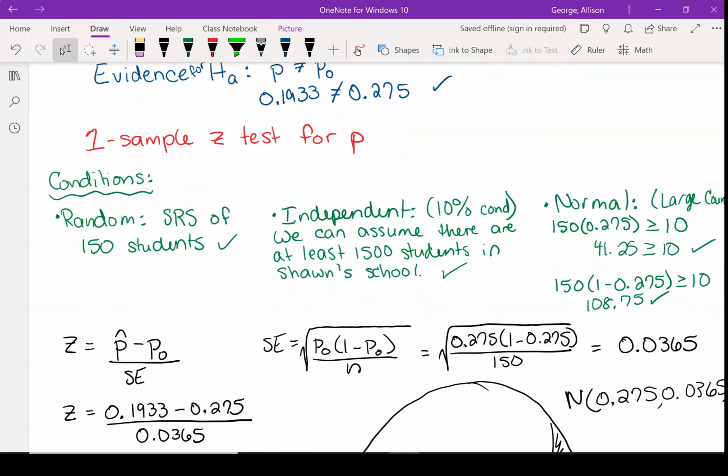And then when I plug into my formula over here on the left, I'm going to get 0.1933 minus 0.275 all over 0.0365. If I was doing this by hand, I would then go ahead and finish, get my z-score, go to table A, and find that probability.